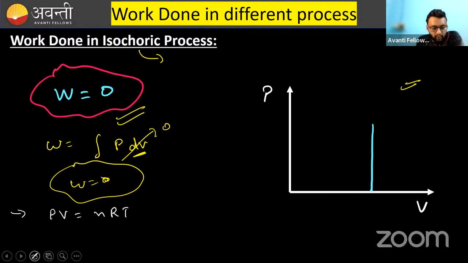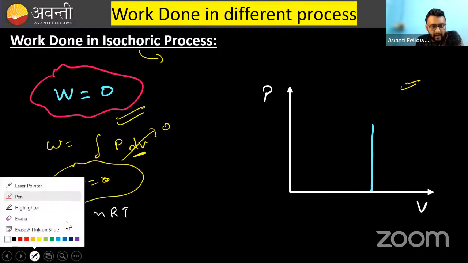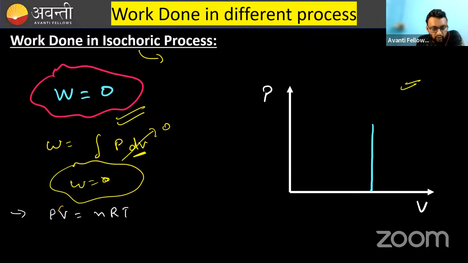So in this equation, for isochoric process, you can see volume is constant. n and R are two constant things. n is number of moles, R is gas constant. So what can be concluded is that P is proportional to T. This is for isochoric process, and again a very good punchline.